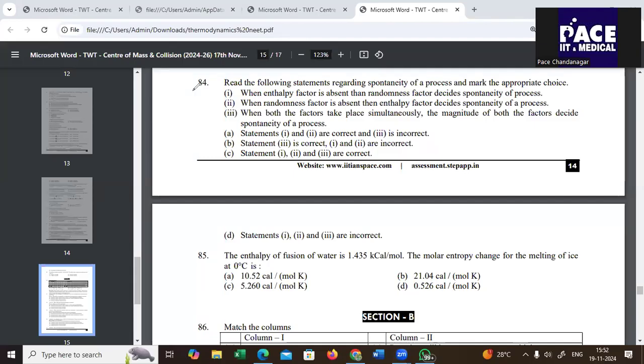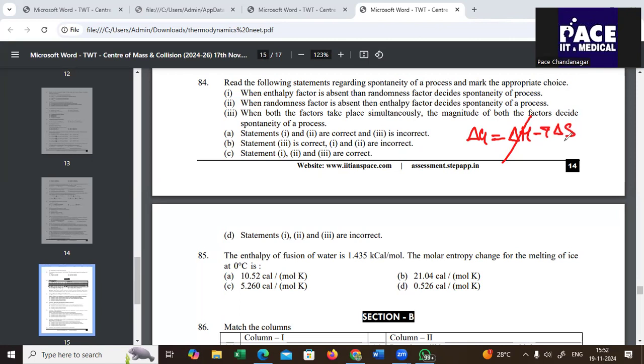Now, moving on, 84, read the following statements correctly regarding the spontaneity of a process and mark the appropriate value. When enthalpy factor is absent, randomness factor decides the spontaneity. Yes, because delta G is equal to delta H minus T delta S. This enthalpy factor is absent here, which means delta S is the deciding factor.